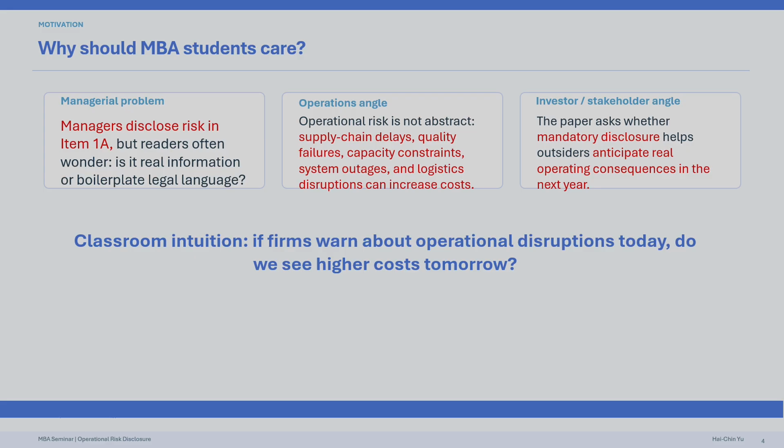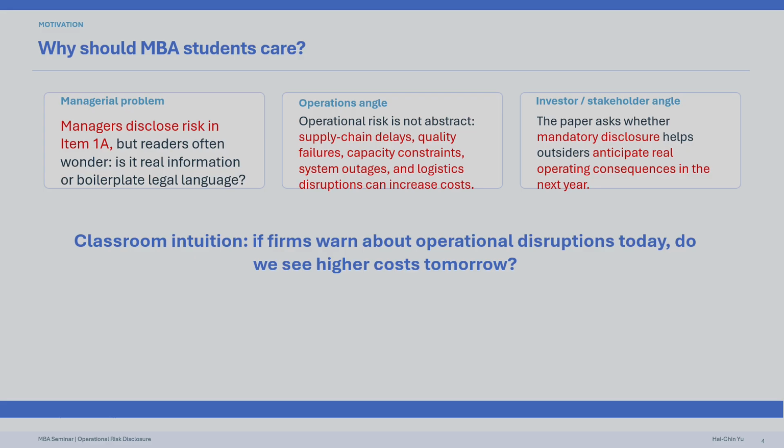The authors only used Item 1A, but even Item 1A describes a lot of diverse risks in the report. So the managerial problem is what kind of risk was disclosed in Item 1A, and whether this is real information or just boilerplate legal language. From the operational angle, operational risk is not abstract. It is very real.